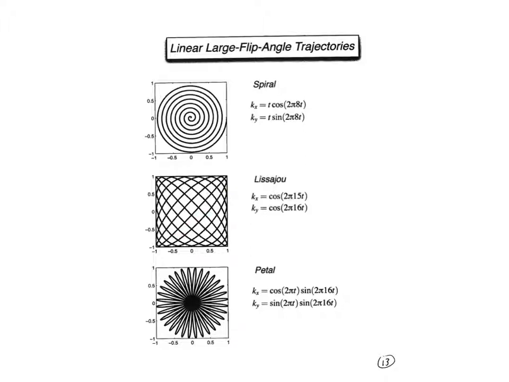And finally, the petal trajectory, which is similar to a rosette, where you have an oscillating term here, and then you basically multiply one slowly oscillating waveform, which moves you around this way, with a faster oscillating term, which gets you these tight bends.